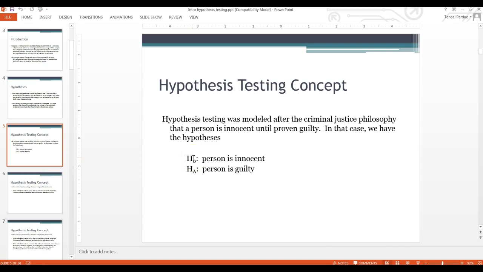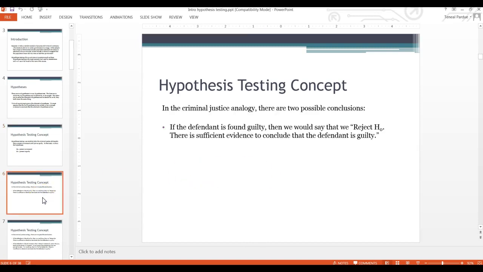There is sufficient evidence to conclude, and then you say whatever HA says, which is that the person is guilty. So that's two parts of the conclusion.